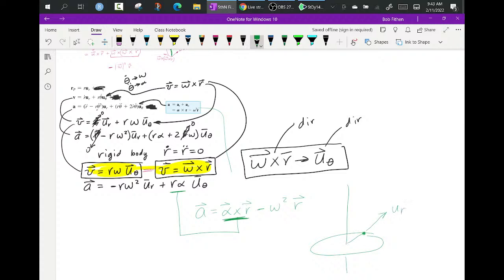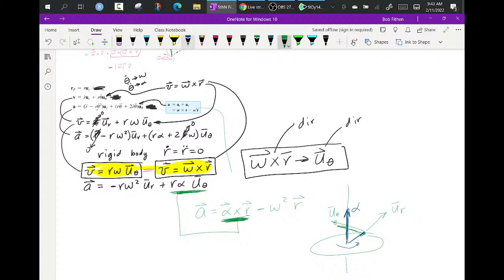This is ur, this is the direction of u theta. Here's your alpha, which spins here. You cross that with r, and you will get a vector which goes exactly in that direction. It points in the same direction, and it's the exact same value.